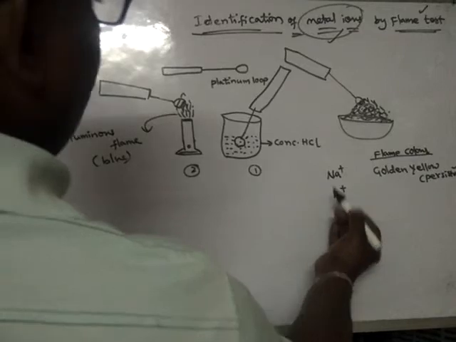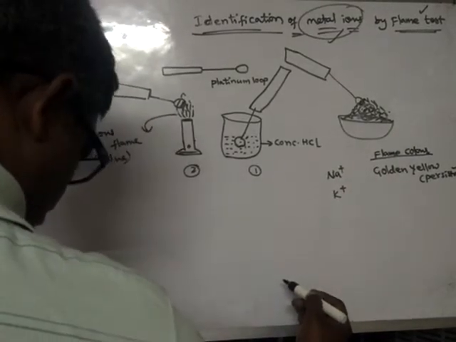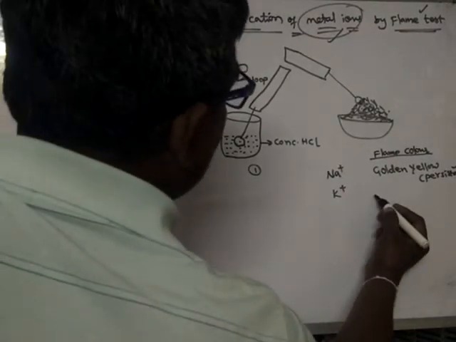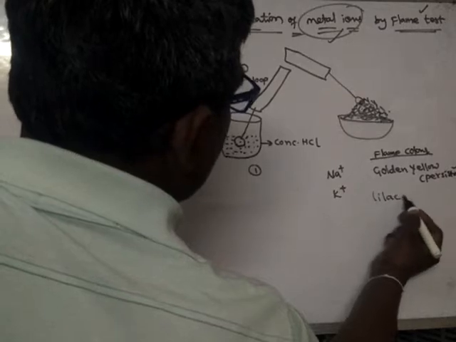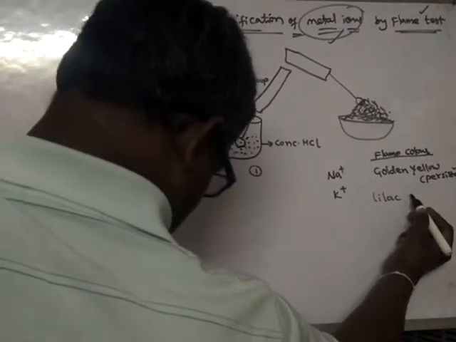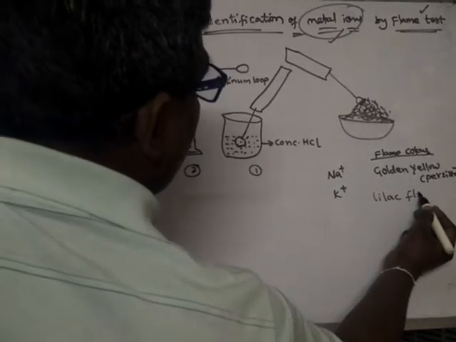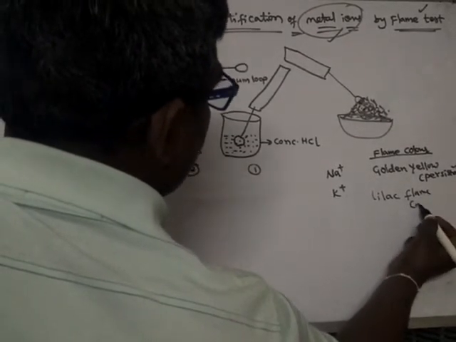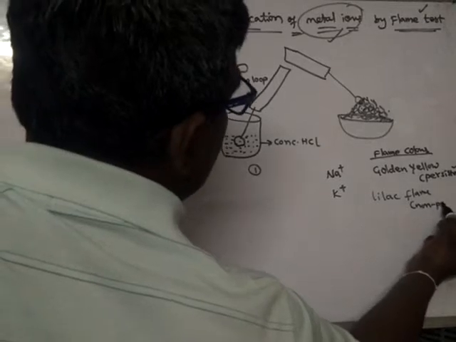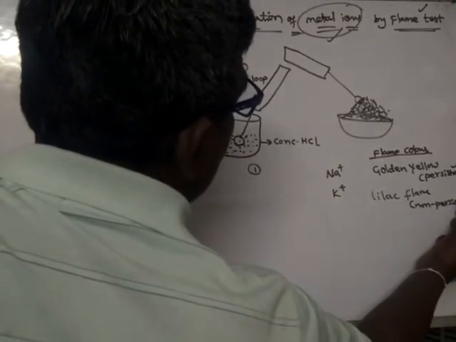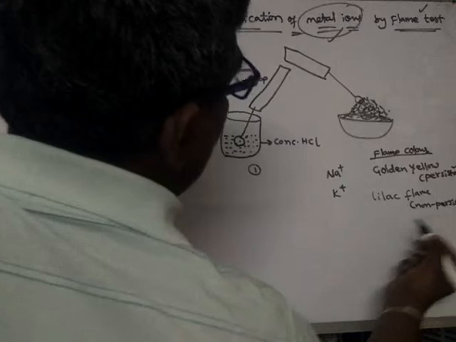Suppose a potassium ion is present in this compound, then it produces a non-persistent lilac flame. What is the meaning of non-persistent?